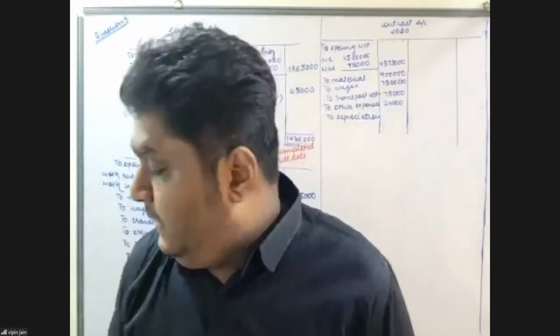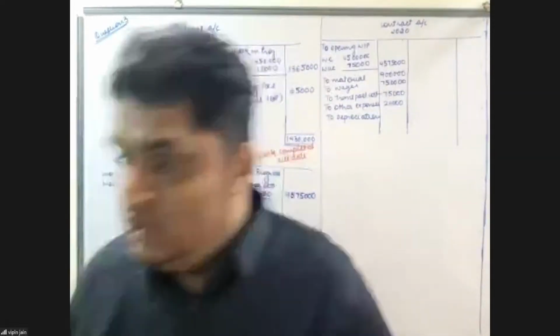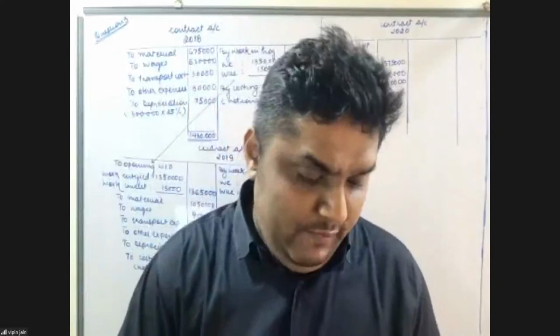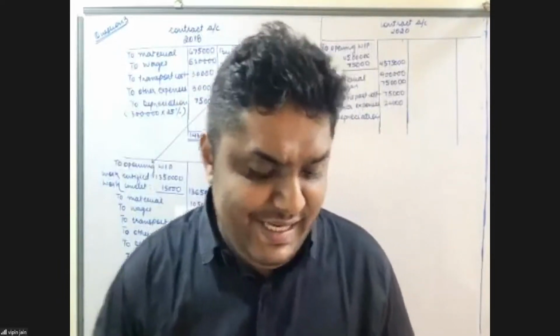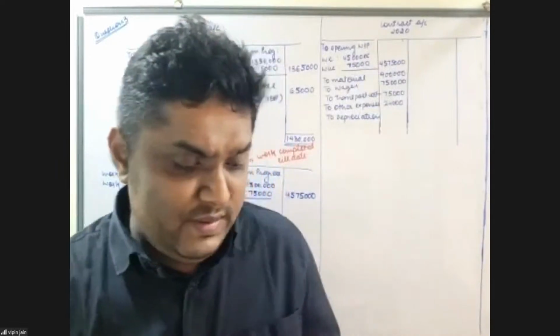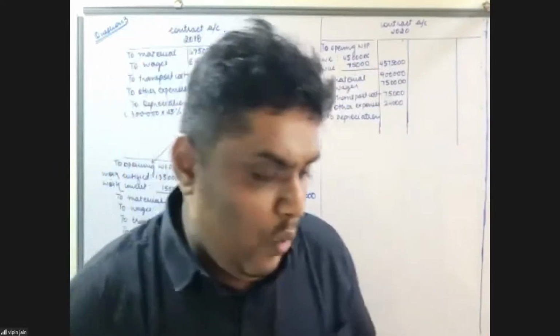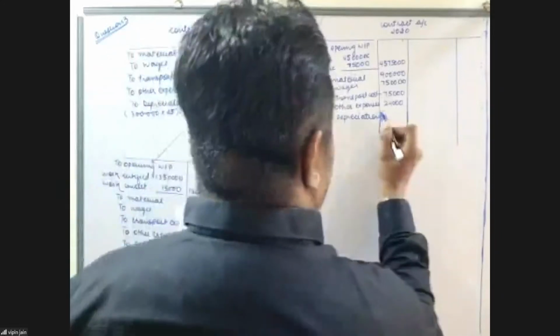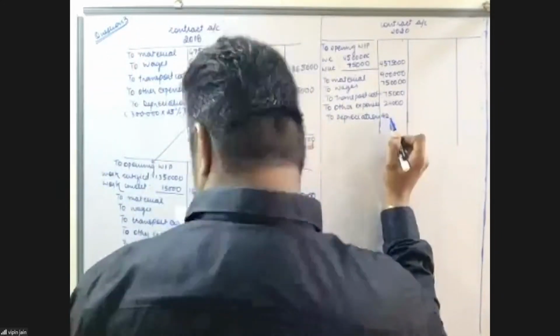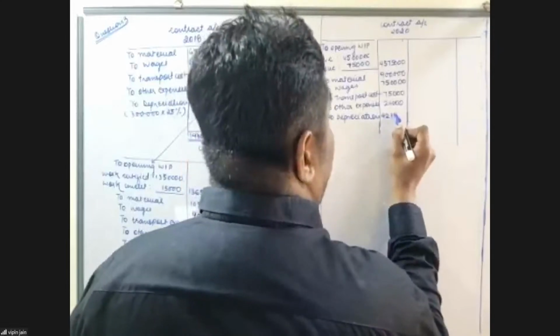And the last part is the depreciation. This will be calculated on WDV. So my opening WDV is 168,750 into 25%. This will be 42,187.